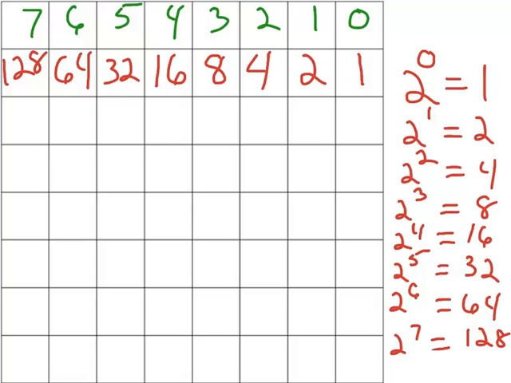And so we take the base, 2, and raise it to the index, or the place. So 2 raised to 0 equals 1. 2 raised to 1 equals 2. And that's the very first step before we convert a decimal number into binary: we must lay out our grid. So we have 128, 64, 32, 16, 8, 4, 2, 1.